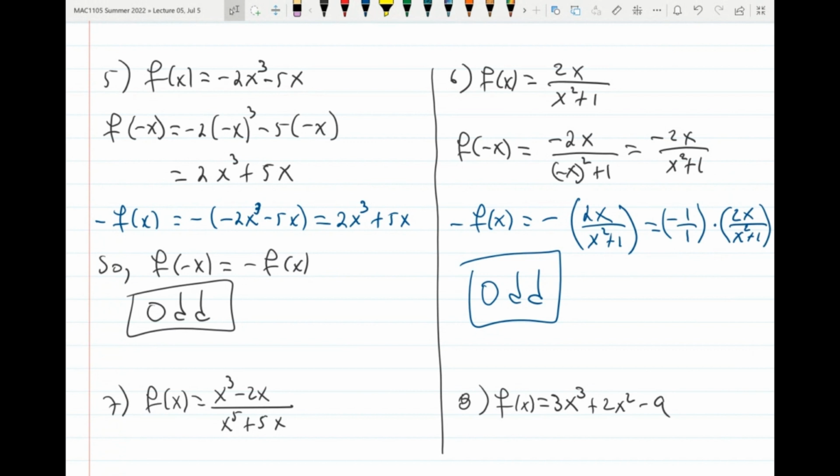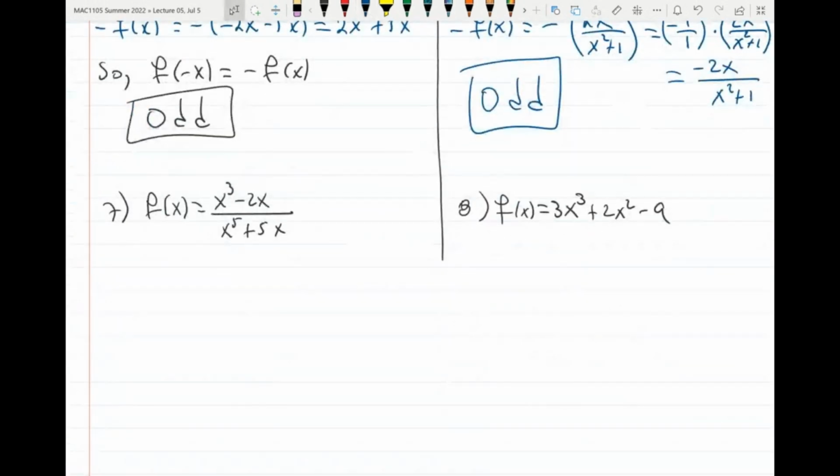Yes? So -1 is -1/1. How do we multiply fractions? We do top with top and bottom with bottom. So the -1 is on top. I mean, you can put it at the bottom, but then the top is positive, so it will be 2x over -x² minus 1. That's the same thing. But we really want to keep it in the top so that it matches our expression. Okay? Good.